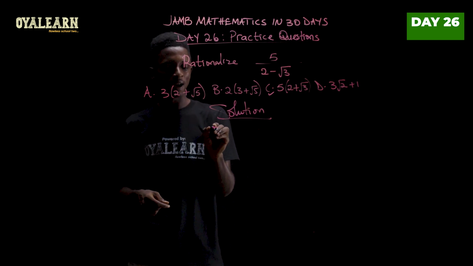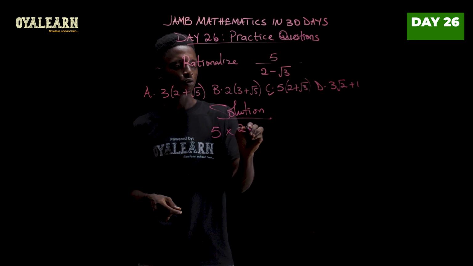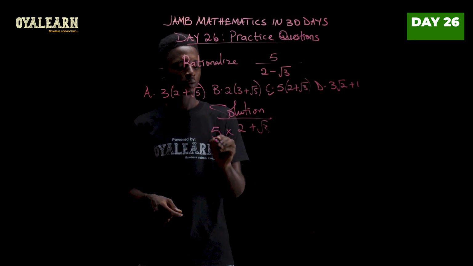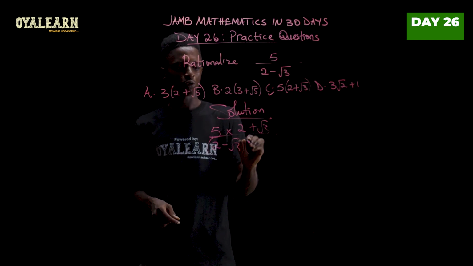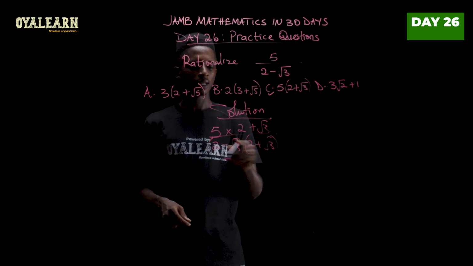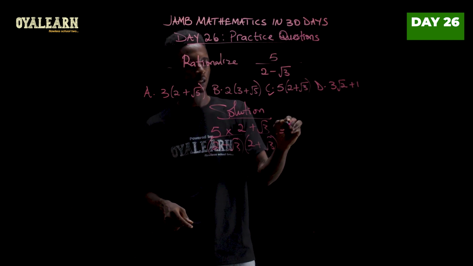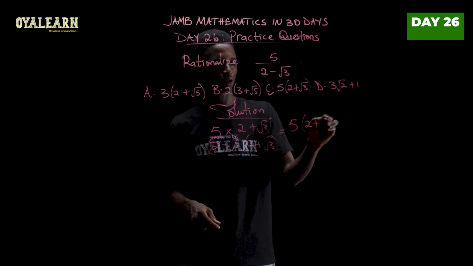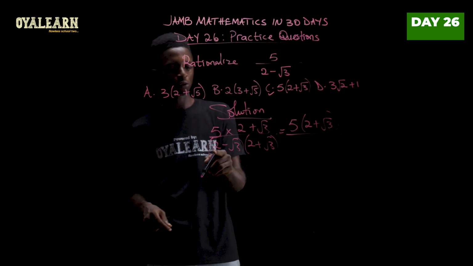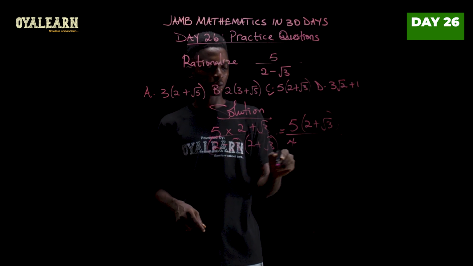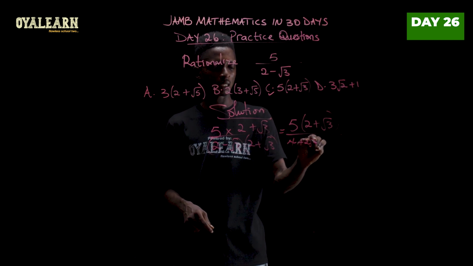So we're supposed to have 5 multiplied by 2 plus root 3 all over 2 minus root 3 into 2 plus root 3. Now the numerator here gives us 5 open bracket 2 plus root 3, which we already see in option C, divided by, now here we have 2 times 2 to give us 4. 2 times root 3 will give you plus 2 root 3.